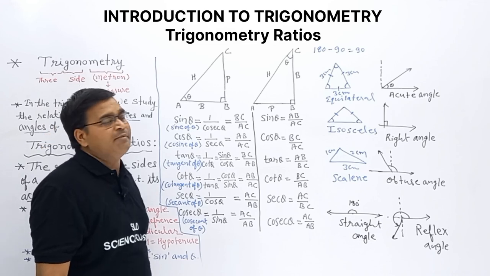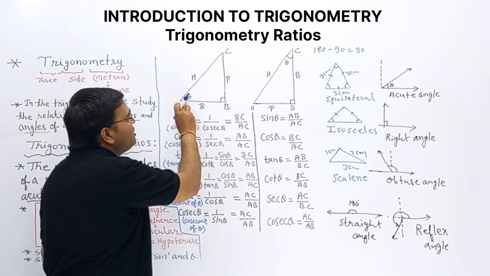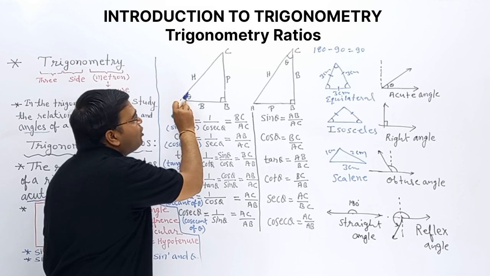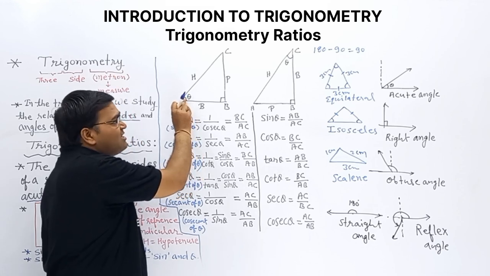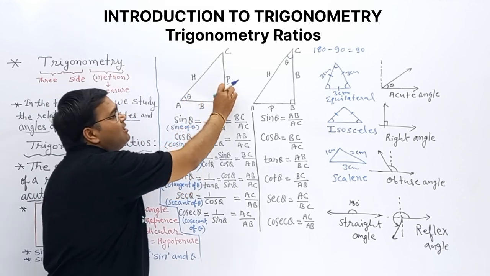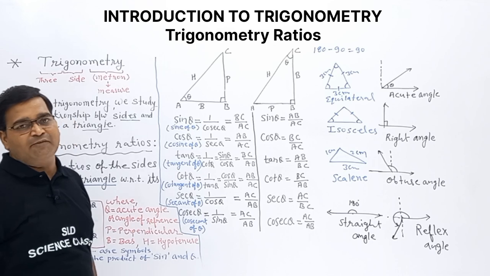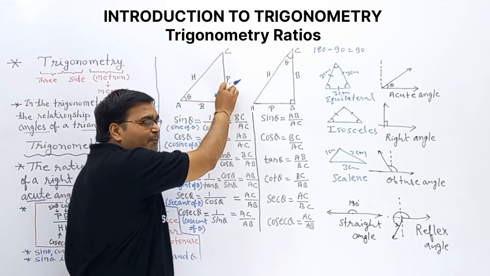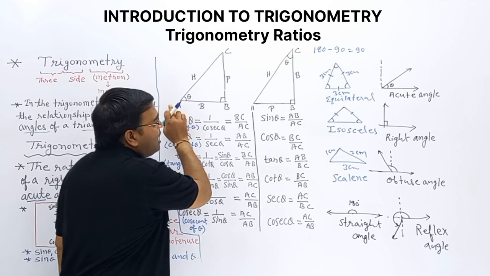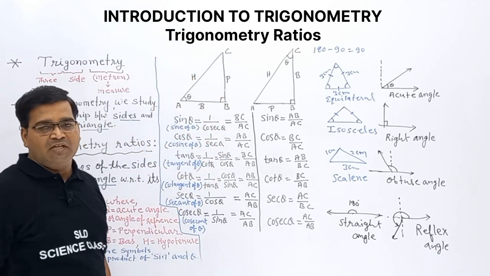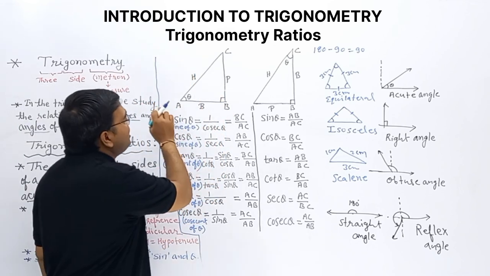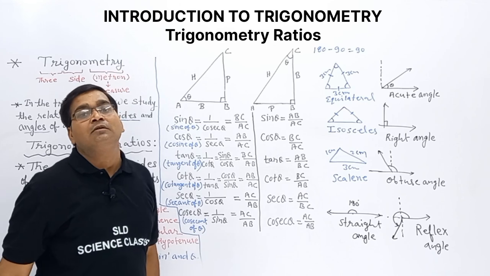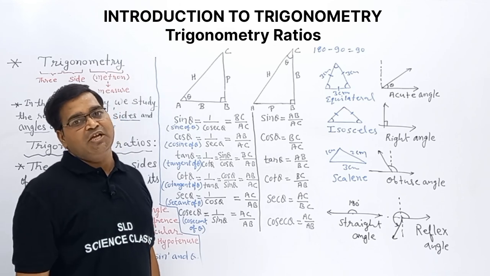Both are not the same. Once we use this one, then the opposite of this is the perpendicular. Listen carefully. The opposite of this will be the perpendicular, and its adjacent side is what? Base. Listen.